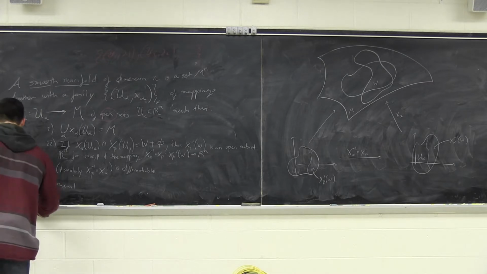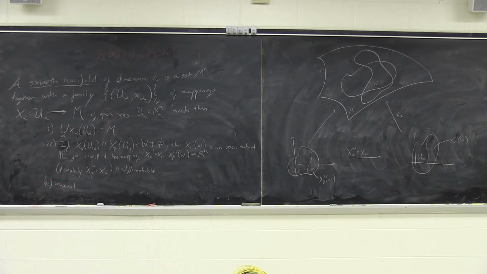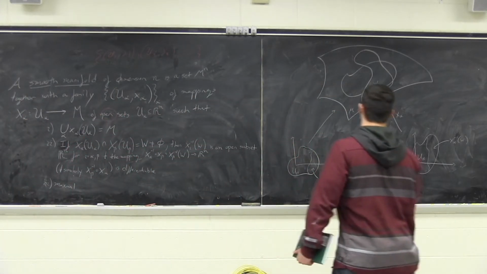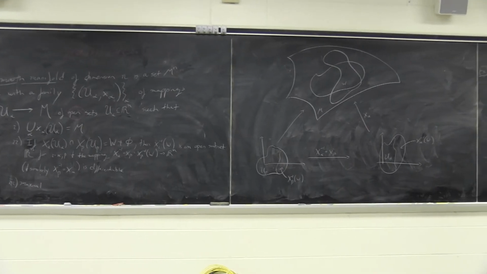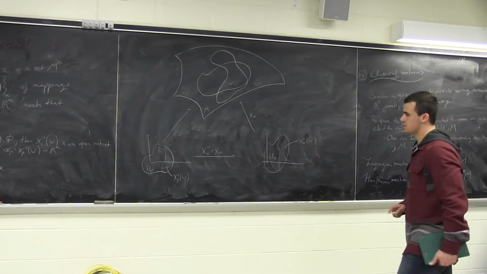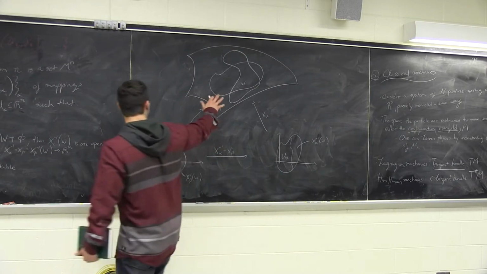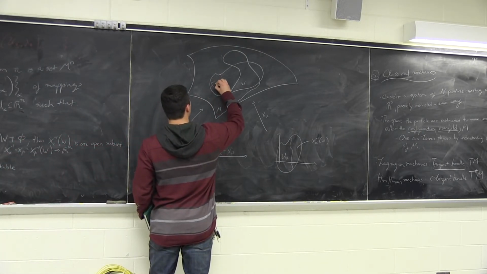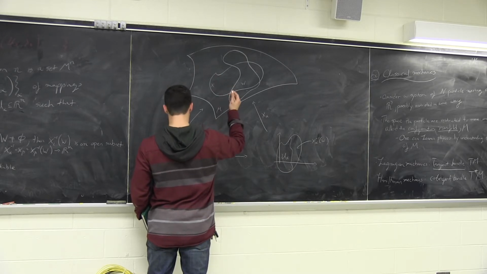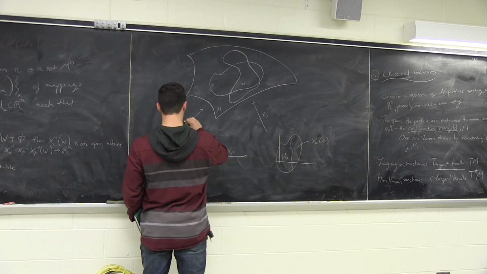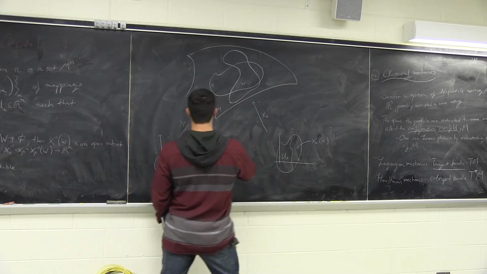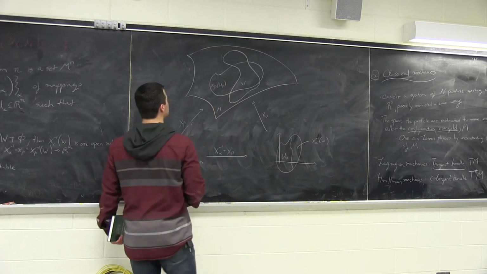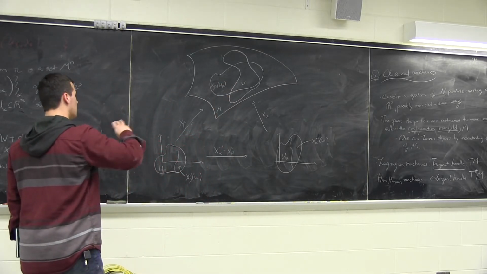When people were trying to develop the definition of a smooth manifold, they were having trouble because they didn't realize how important that transition part was. So let's take a step back at this definition and look at this picture I've drawn, a two-dimensional manifold. This notation right here, x beta of u beta, means the image of that set.